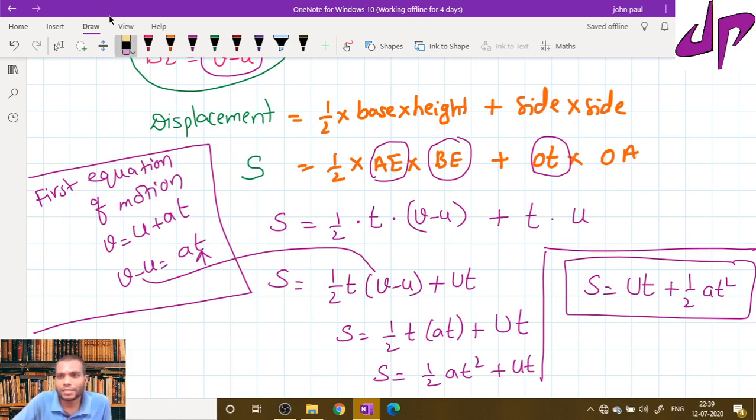So this equation is known as the second equation of motion.